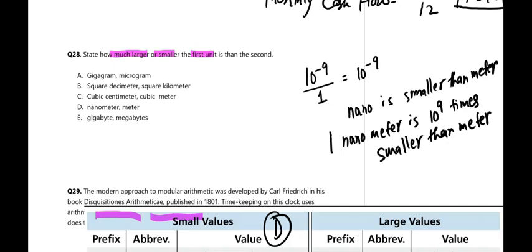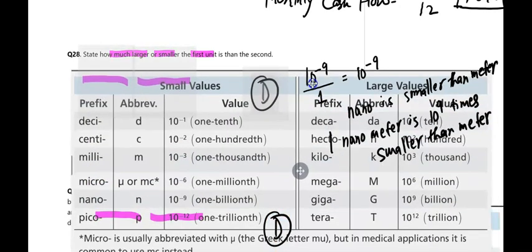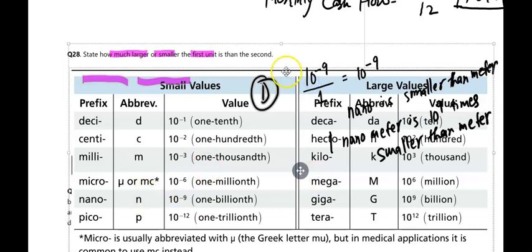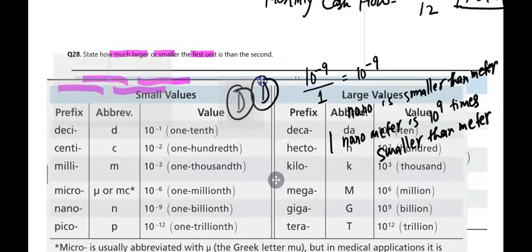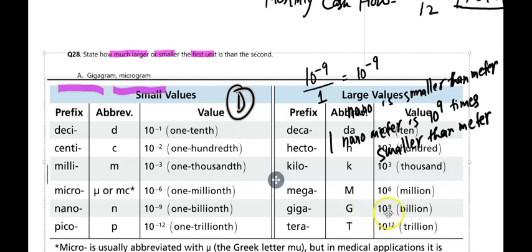Another way around, you can say that 1 meter is 10 to the power 9 times bigger than 1 nanometer. Part E, gigabyte and megabyte. So giga is 10 to the power 9, mega is 10 to the power 6. Obviously giga is bigger than mega. So for part E, let's write the expression using the giga and mega values.